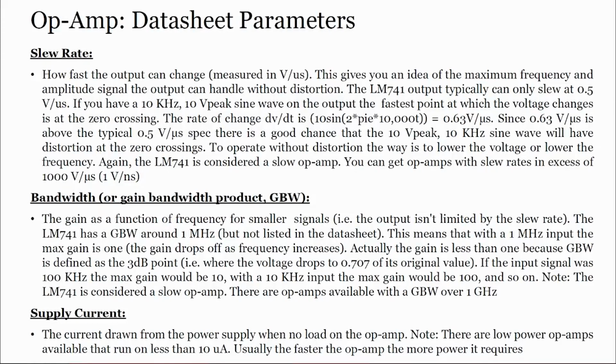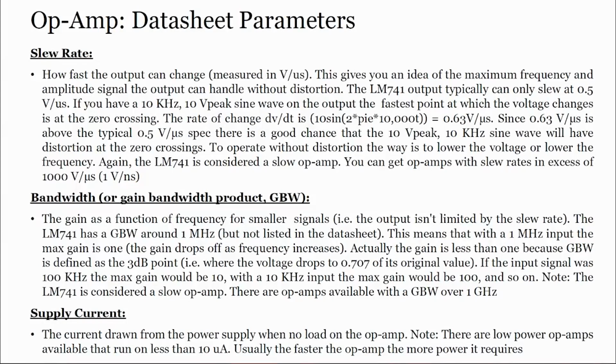Okay. Then we move to the next parameter, which is also mentioned in the data sheet, called bandwidth or gain bandwidth product. It is the gain as a function of frequency for small signals. This means that with a 1 megahertz input, the maximum gain is 1. Actually, the gain is less than 1 because gain bandwidth product is defined at the 3 dB point. We have seen why 3 dB, where the voltage drops to around 0.707 of its original value.